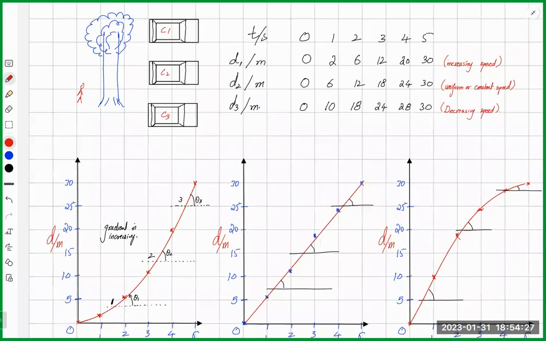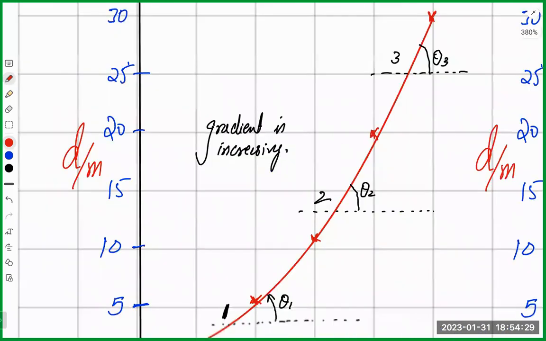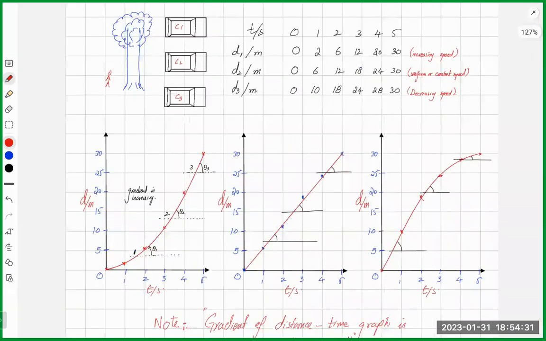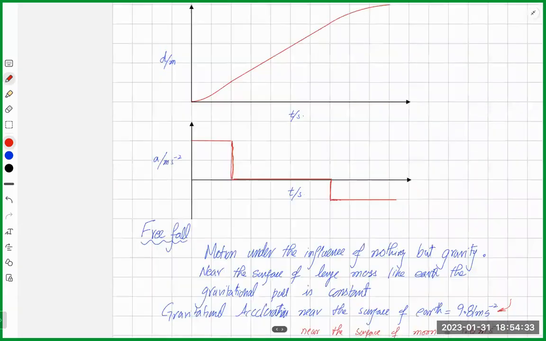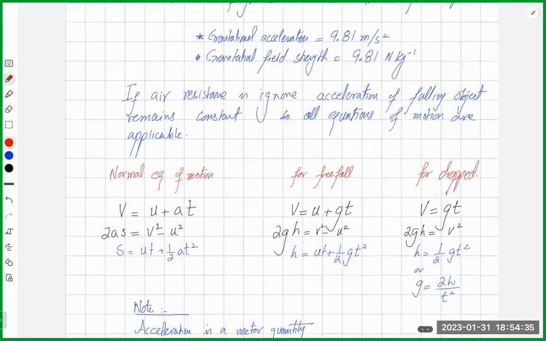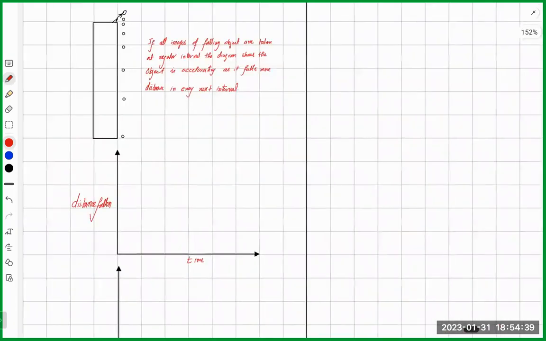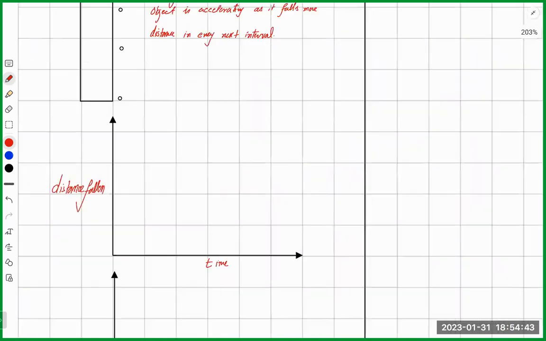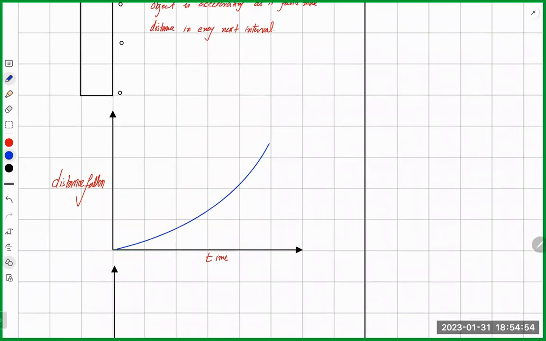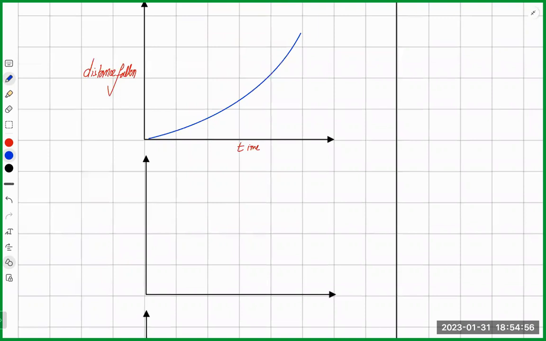So it has to have an increasing gradient. So same case over here. The falling object is falling more distance in every next second. How can I show that on a distance time graph? So this is the kind of graph I should be expecting for distance and time.